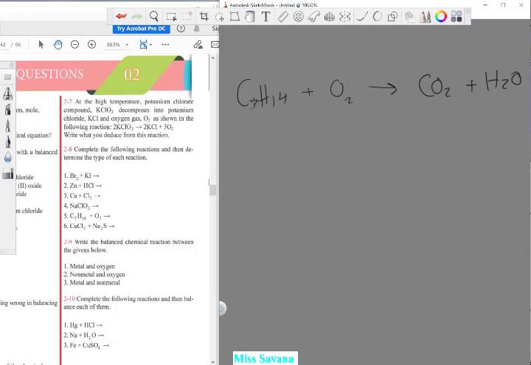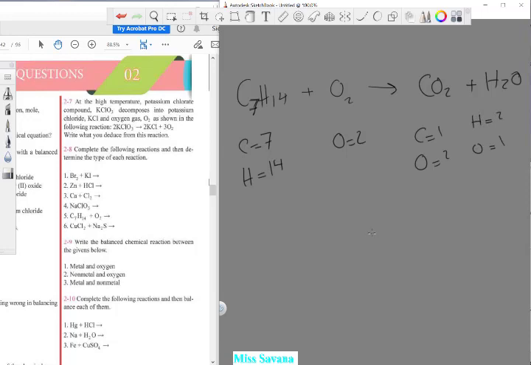Now moving on, in here you have carbon 7, hydrogen 14, and oxygen 2. In here you have carbon just 1, oxygen 2, and for here you have hydrogen 2 and oxygen just 1. So what should you do?